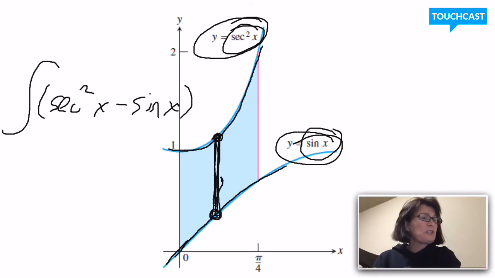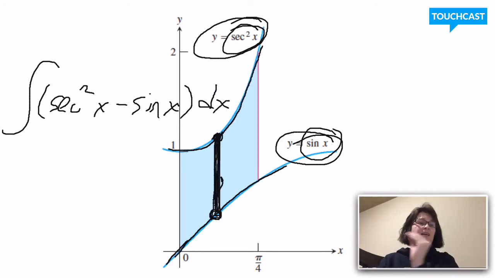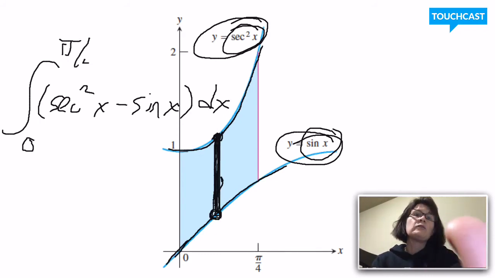That's an expression for the vertical distance across this blue region, and I'm going to multiply by a very tiny change in x to get my height times width for infinitely many rectangles between the x limits of 0 and pi over 4.